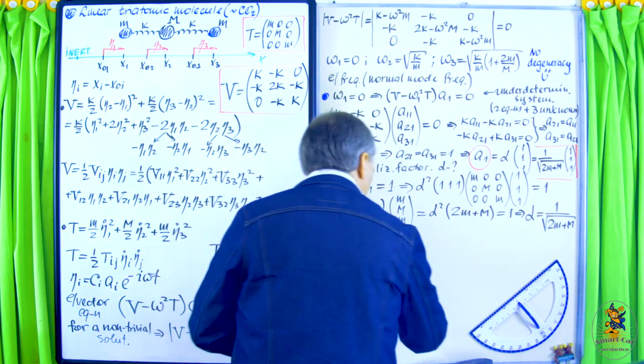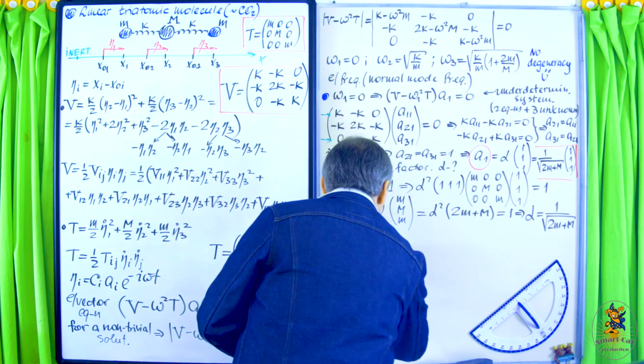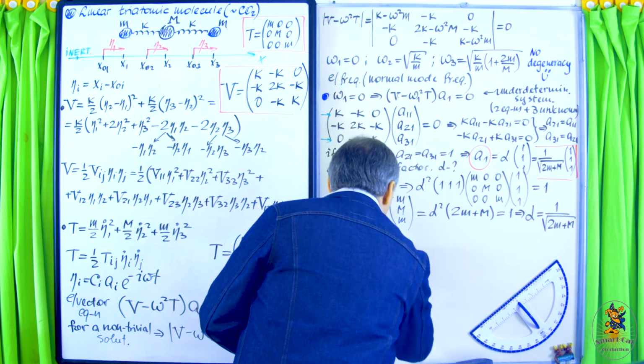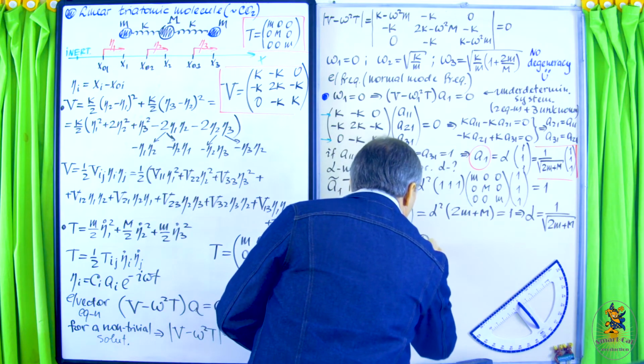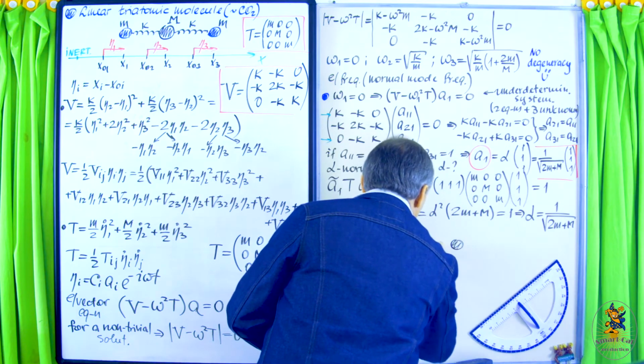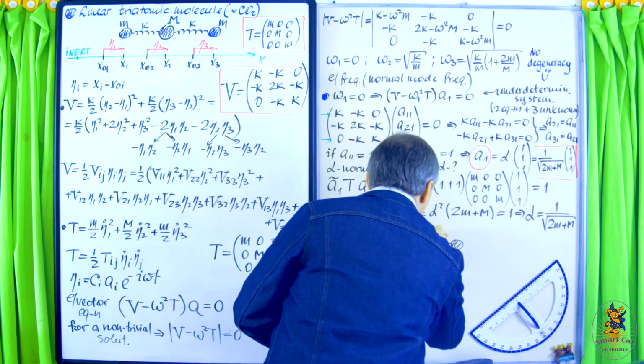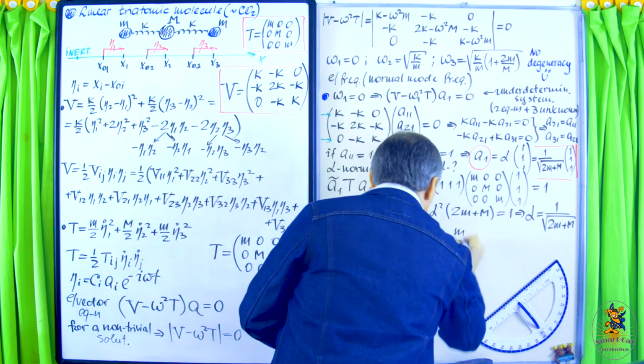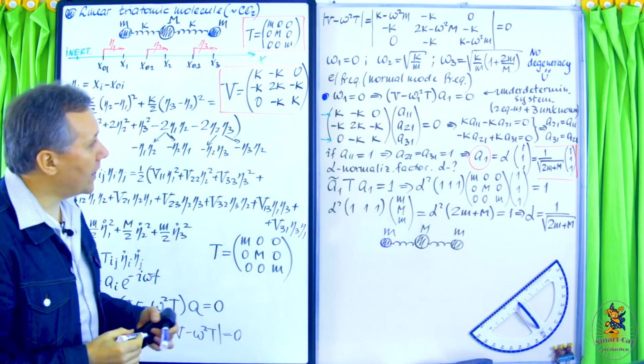So now I can draw something like this. So we have a small mass, a bigger mass, and again a small mass: M small, M capital, M small. And so what happens?